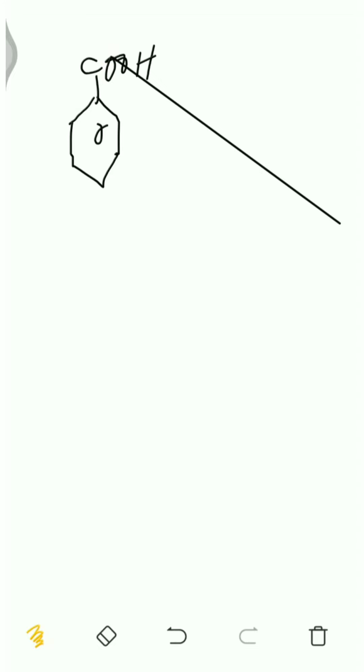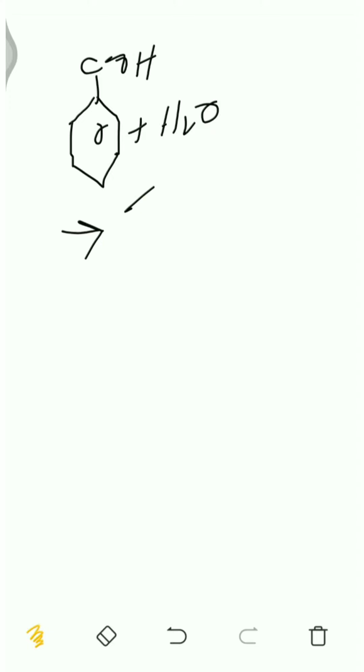So let's take an aromatic acid. So it is COOH. When we dissolve it in water, it will form a carboxylate ion.